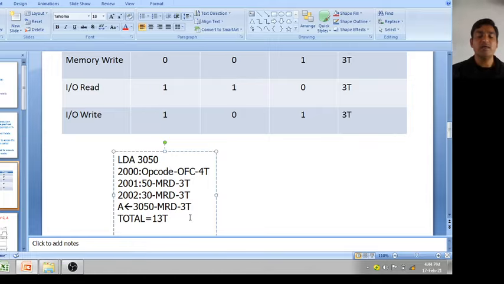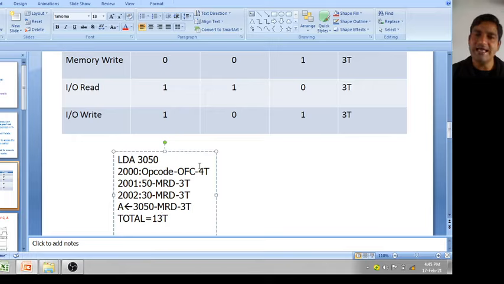Now you can ask, sir, why in case of MOV A comma M only 7T are required? Because what is M? M is the contents of the HL register pair.